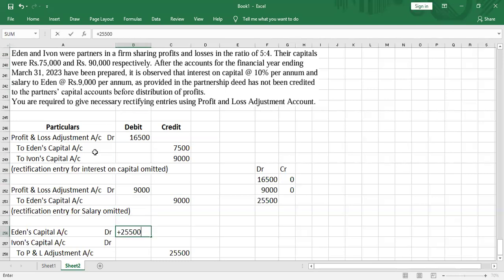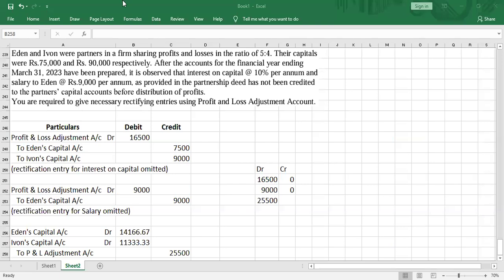So that will be 25,500 into 5 by 9 and 25,500 into 4 by 9. Understood or not, my dear children? Let me go ahead and check the correct answer for this one. I just checked, my dear children, and the answer is correct. This was given as a question on the practice question paper of 23-24. It's available on the CBSE website.